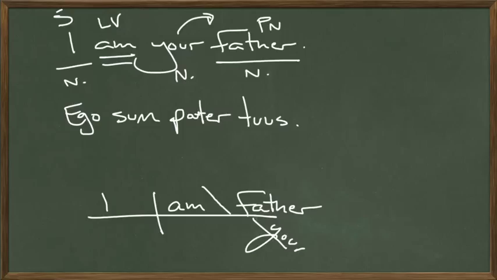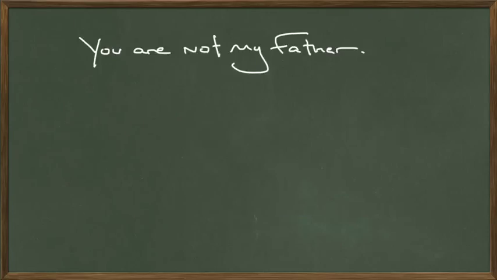Okay, ego sum pater tuus. Bad Latin word order again. We could just eliminate ego if we wanted to, or we could put it at the front of the sentence. So ego pater tuus sum. Or pater tuus sum. We could do it that way as well.